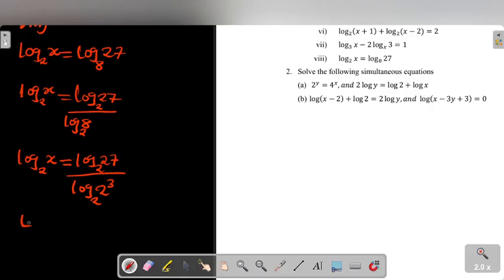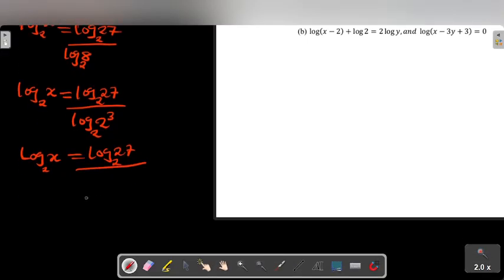So here we have log of x base 2 equal to log of 27 base 2, then we divide by 3 log of 2 base 2, since we can drop the 3 there. That's what we have. Then this will give us log of x base 2 equal to log of 27.